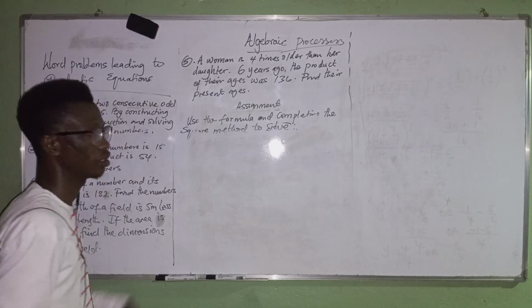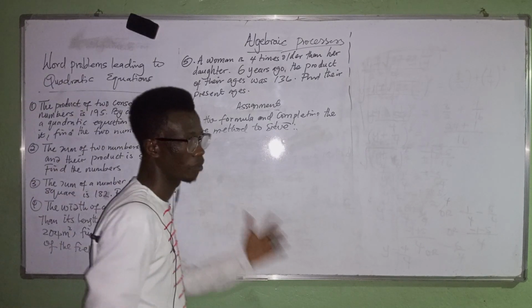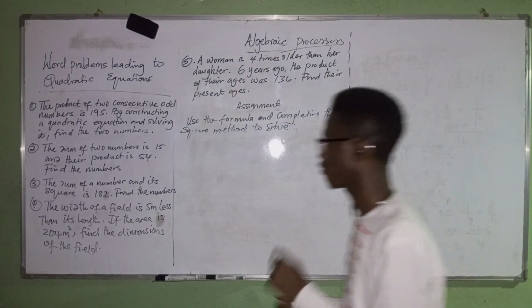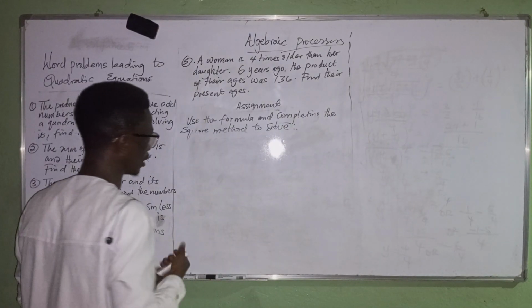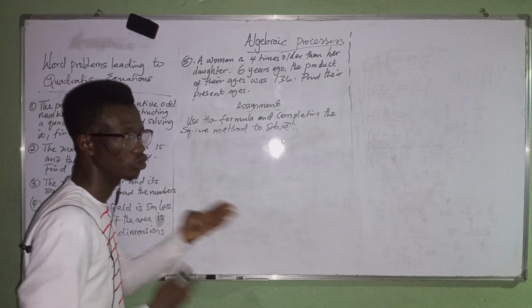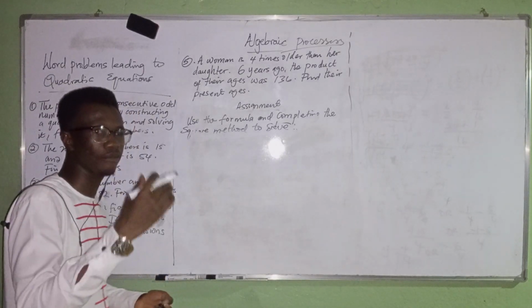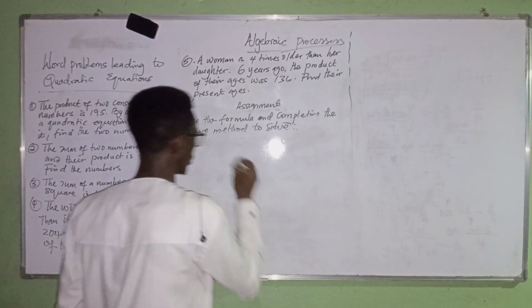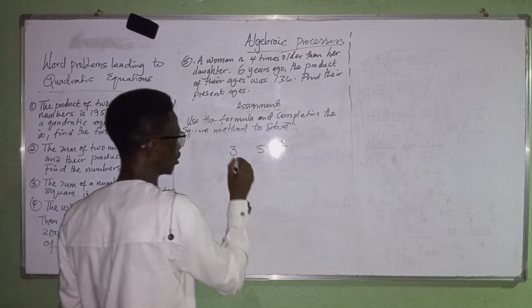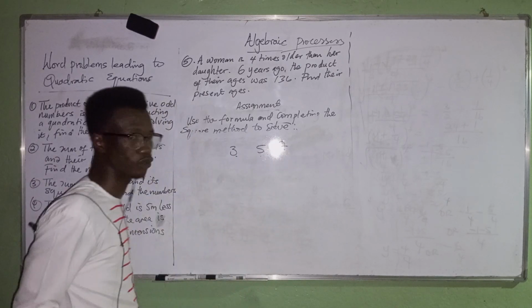Odd numbers are numbers that, when you divide them by 2, you always have a remainder of 1. For odd numbers, one of the things you observe is a difference of 2. Let's say if you start with 3, 5, 7, you observe a difference of 2.